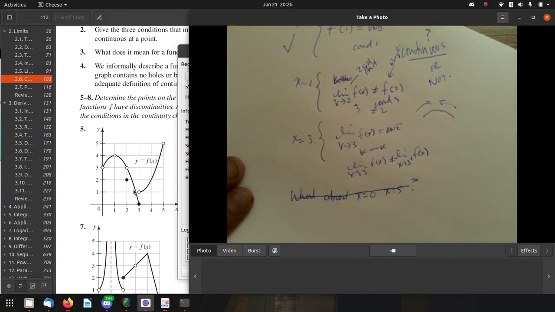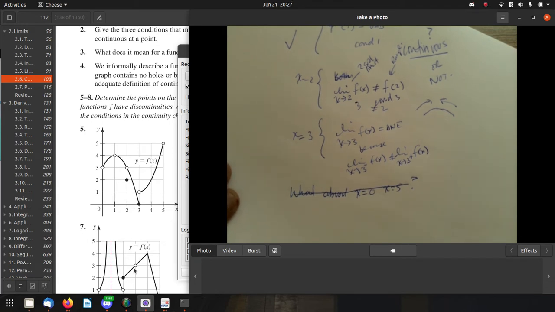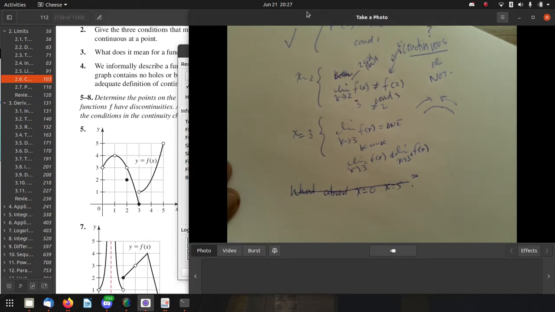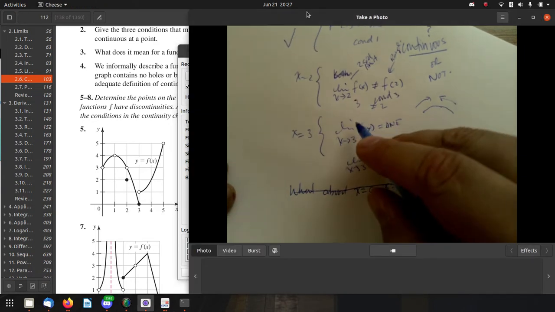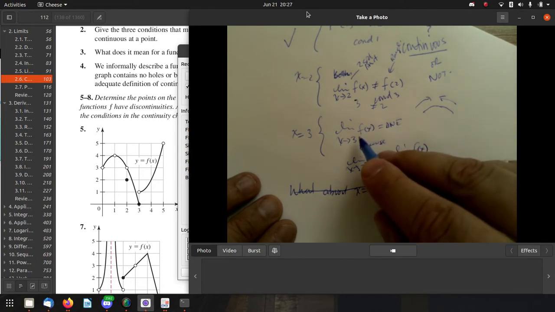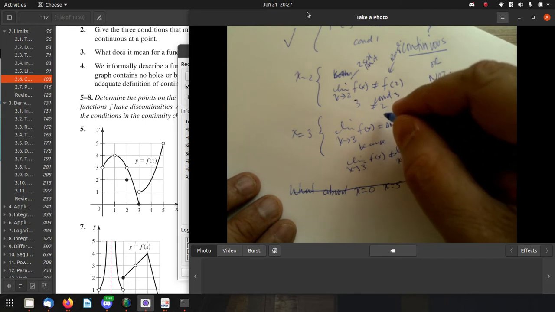Now let's look at the next one, where we have x equals 3. And we have another discontinuity here, a slightly different reason for why it is not continuous. That reason is because of condition 3, I believe, or excuse me, the limit must exist.